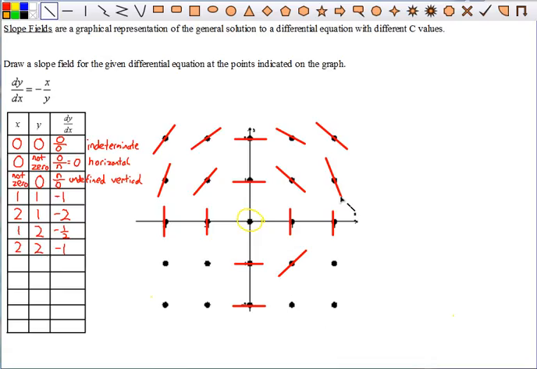And here the slope is negative 2, so here it's going to be positive 2, so up 2 over 1. Here the slope was negative 1/2, so here it's going to be positive 1/2, so up 1 over 2. And this one had a slope of negative 1, so here it's going to be a slope of positive 1, so 1 over 1.